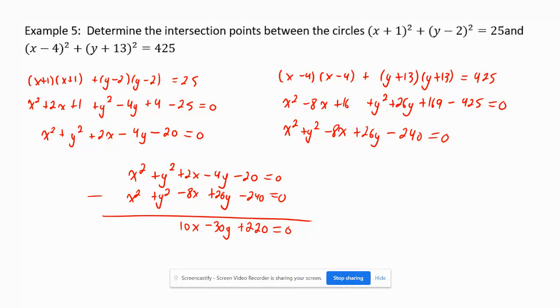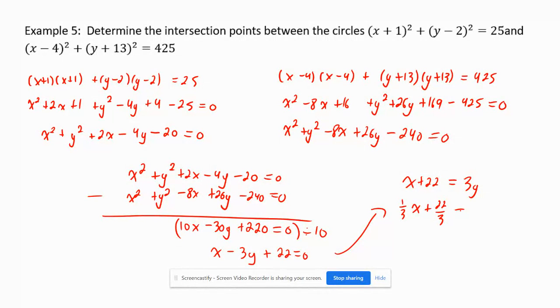Okay, so now I'm just going to divide this whole thing by 10, and I get x − 3y + 22 = 0, and we get this equation over here.